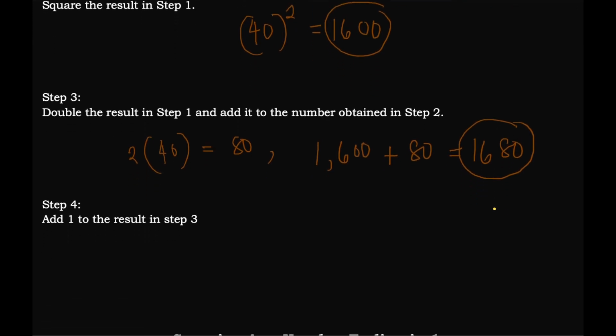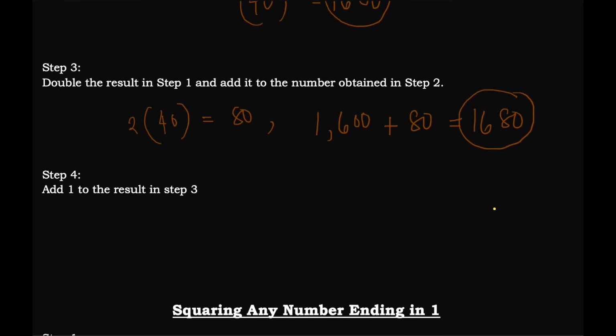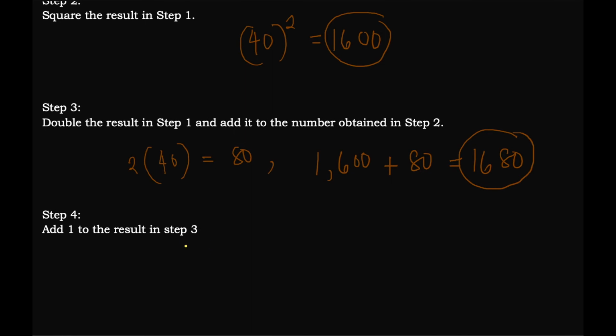And step 4, add 1 to the result in step 3. So finally, if my result in step 3 is 1,680, I will just add here 1, and the answer will be 1,681. So this is now the square of 41, 1,681.